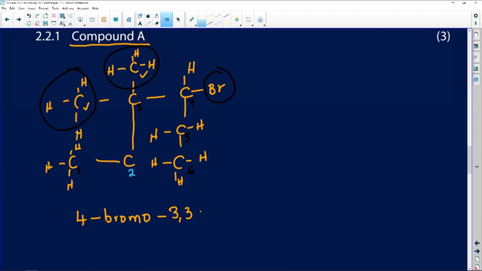There must be a comma. How many are they? There are 2. So we say di. Dimethyl. What is the longest chain now? It is hexane. So that's how you name it now. You have 4 bromo hyphen 3, 3 hyphen dimethyl hexane. That's how you answer 2.2.1.